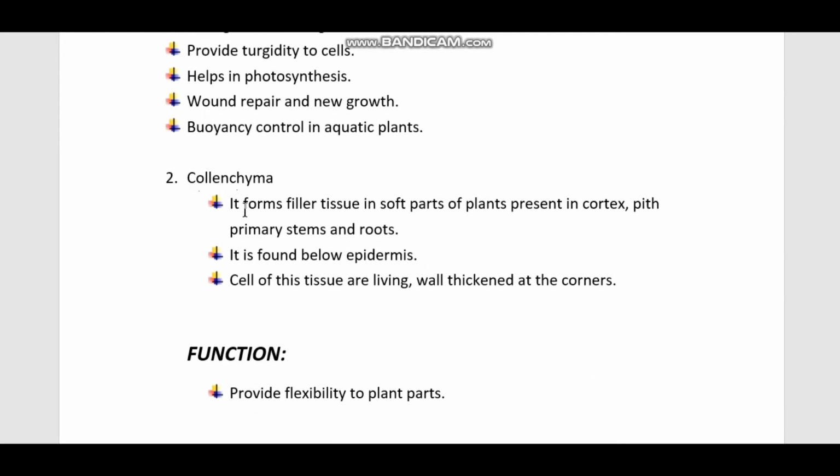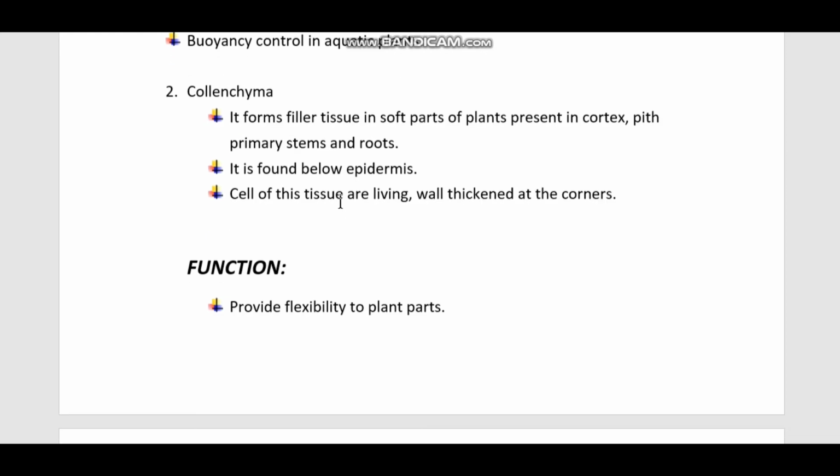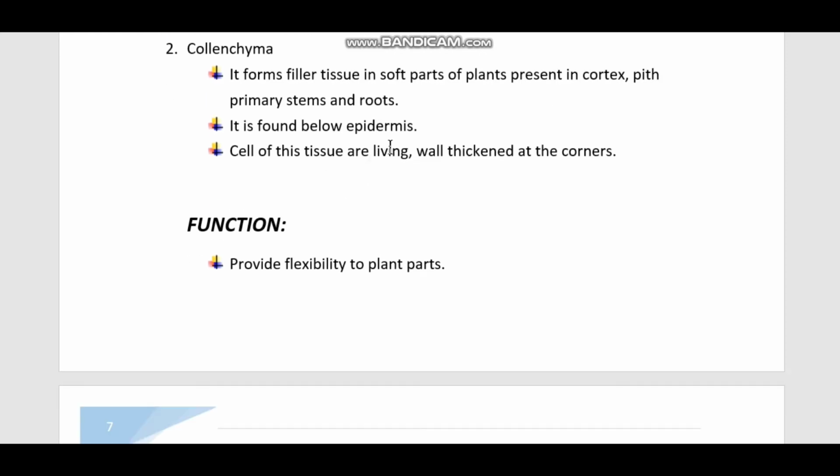Second one is collenchyma. It forms filler tissue in soft parts of plants, present in the cortex of primary stems and roots. It is found below the epidermis. Epidermis is a soft waxy layer. It is found below that.